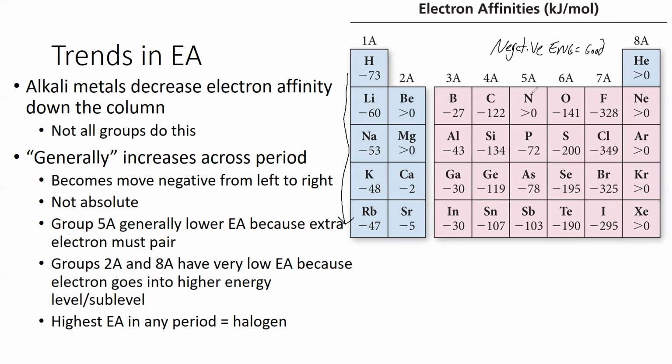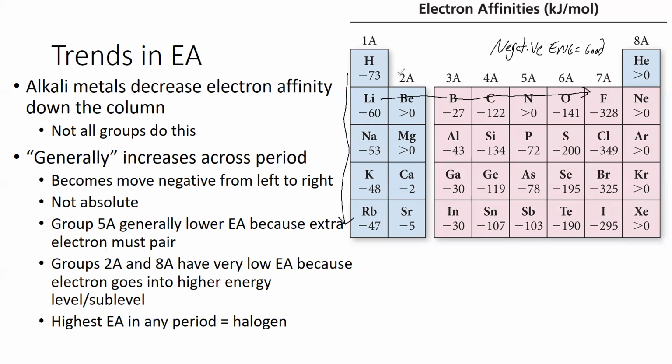You want negative energy. So reading this, if we look at helium, we have a negative 73. Rubidium has a negative 47, which means helium wants the electron more. You get more energy out. And so as you go down, it generally decreases. As you go across, it generally increases, with some notable exceptions.